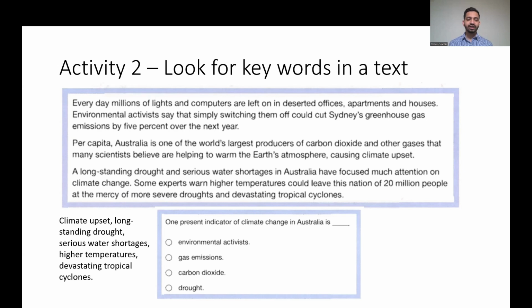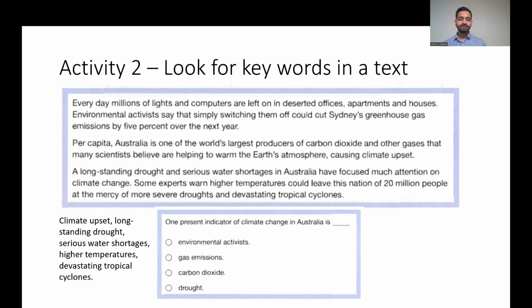A long-standing drought and serious water shortages in Australia have focused much attention on climate change. Some experts warn higher temperatures could leave this nation of 20 million people at the mercy of more severe droughts and devastating tropical cyclones.